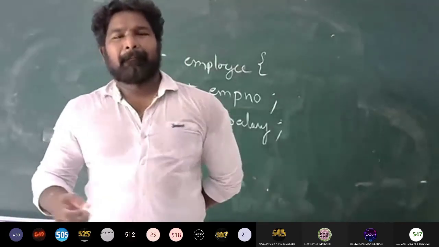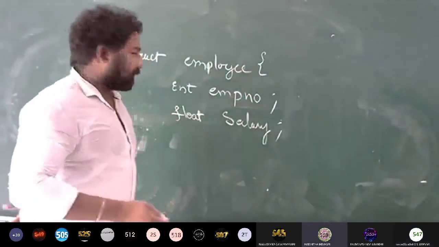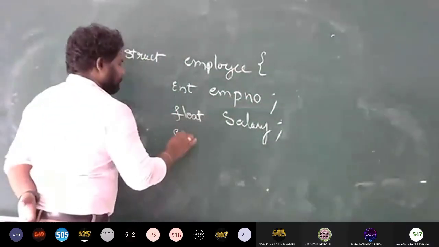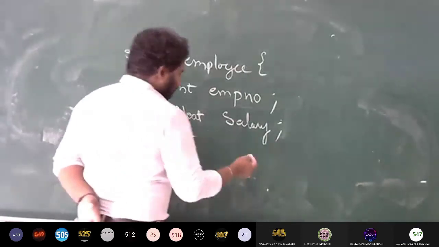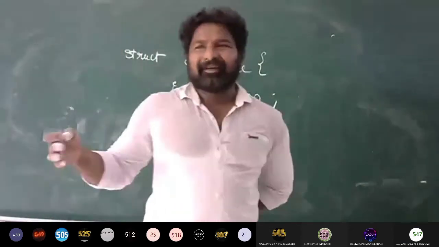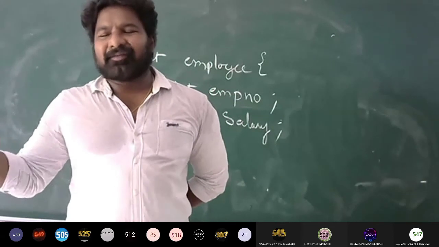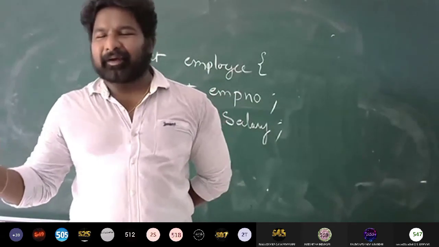Again, experience, right? So that is also integer. It's based on how you assume it. If I assume it as 3 years experience, 4 years experience, something like that, I will declare integer type.